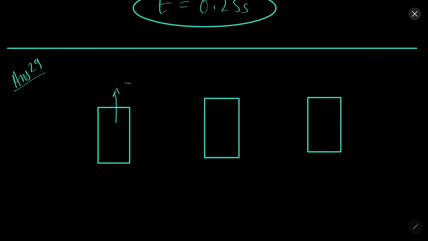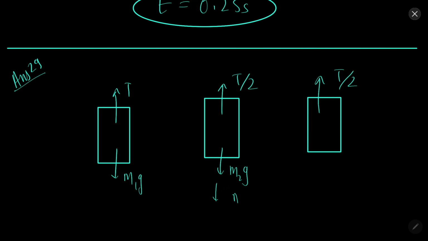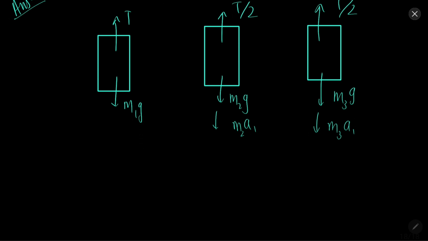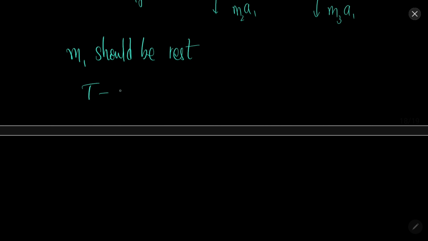So tension T, T by 2, T by 2, m1g, m2g, m2a1, m3g, m3a1. So ultimately m1 should be at rest. So because of that we have drawn the free body diagram like that.